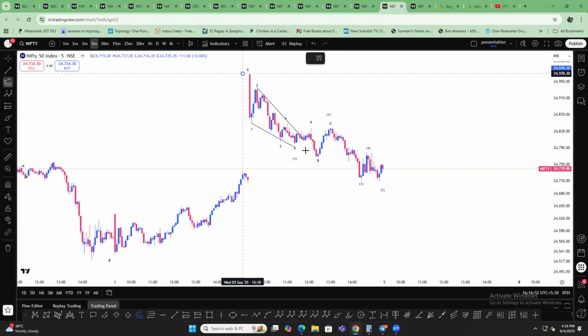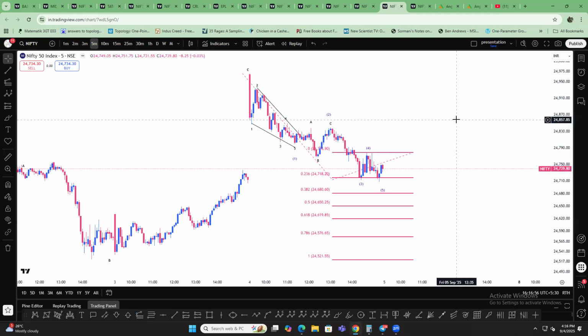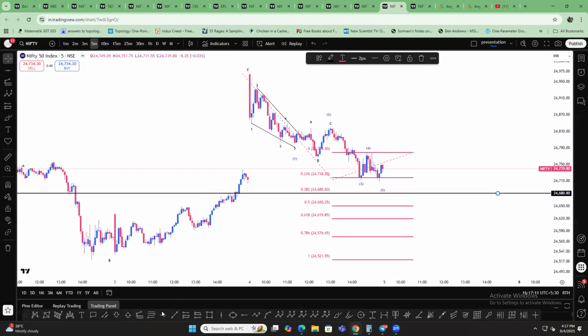From 1 to 3, these may settle down at 30.2% to 50%, right? So you are getting the immediate support for the market from here.